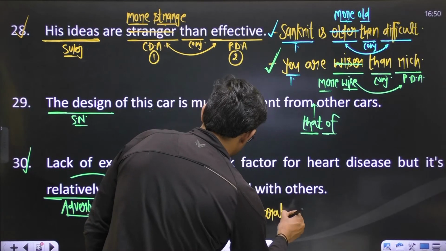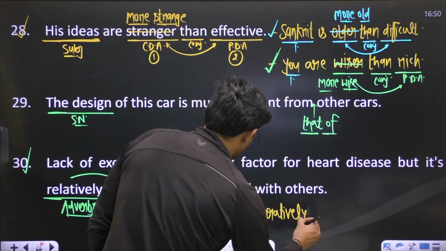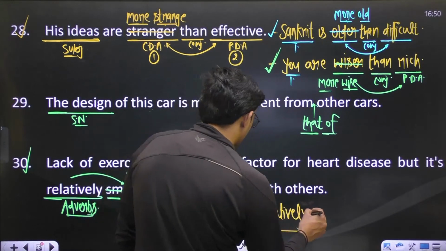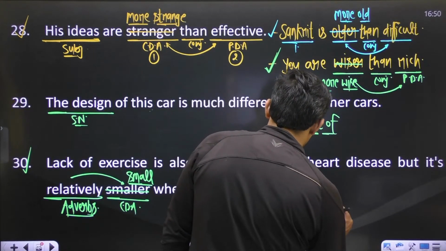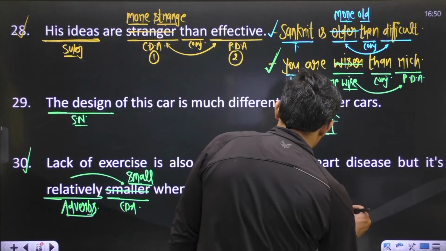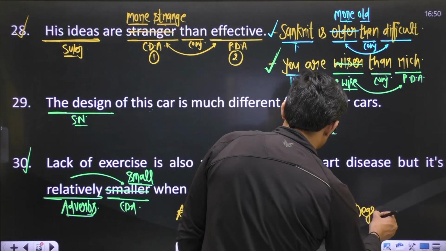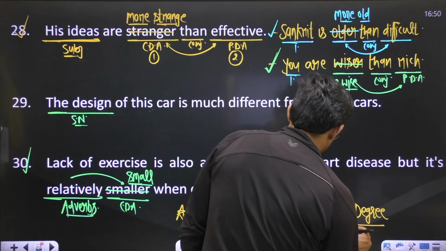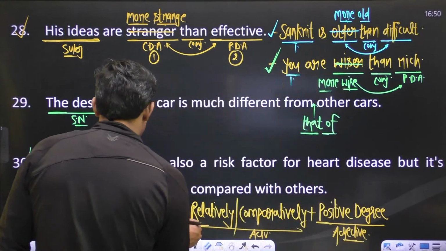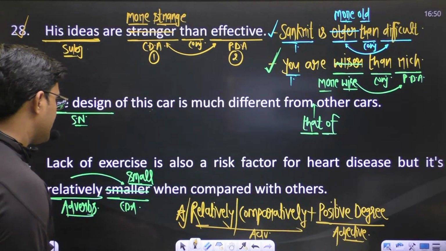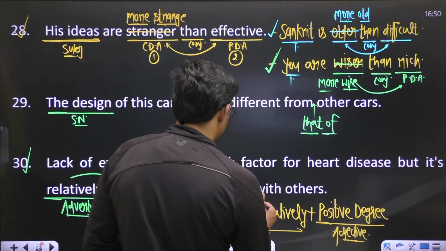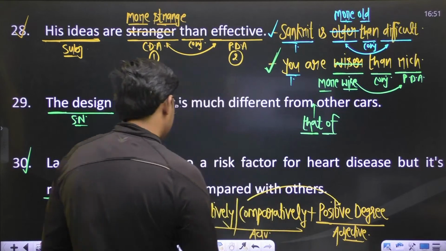Relatively और comparatively के साथ ये दोनों adverb हैं. इनके साथ में जो adjective आएगा वो adjective हमेशा positive degree का होता है. पॉजिटिव डिग्री का एडजेक्टिव आप इनके बाद में यूज करेंगे. ये कॉन्सेप्ट आपका बनता है. We use an adjective of positive degree. That's it. Apply करोगे सेंटेंस ओके हो जाएगा. Done. रिलेटिवली कंपैरेटिवली के बाद में जो एडजेक्टिव आएगा वो पॉजिटिव डिग्री का होगा.